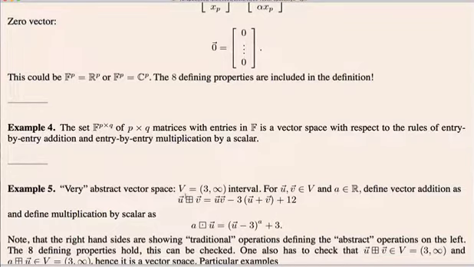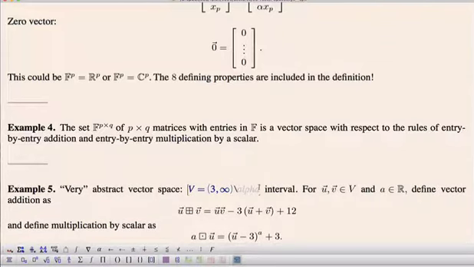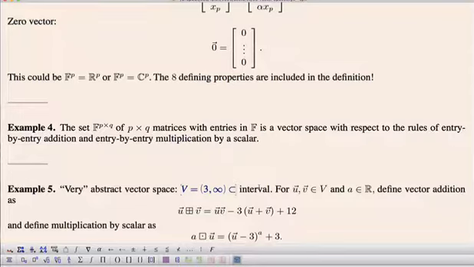So the important thing is that this is a very abstract vector space, and the addition is box plus, and the scalar multiplication is box dot. On the left-hand side, we have the abstract operations defined. On the right-hand side, these are all classical, traditional operations. So this is u times v, just regular multiplication. And actually the vectors are really numbers, since this 3 to infinity interval is a subset of the real numbers.